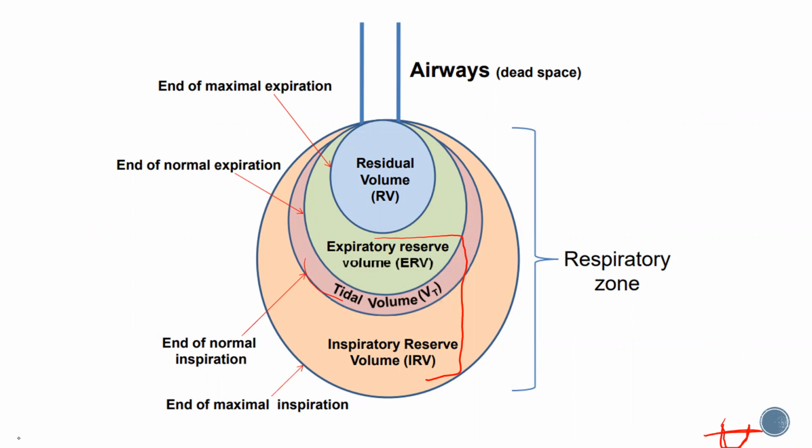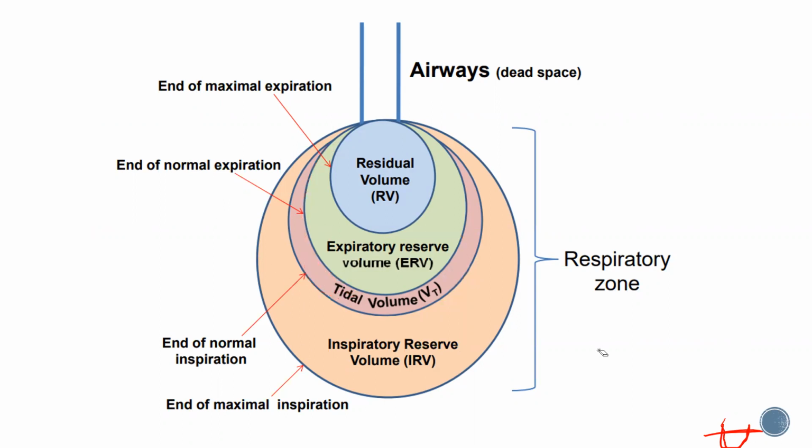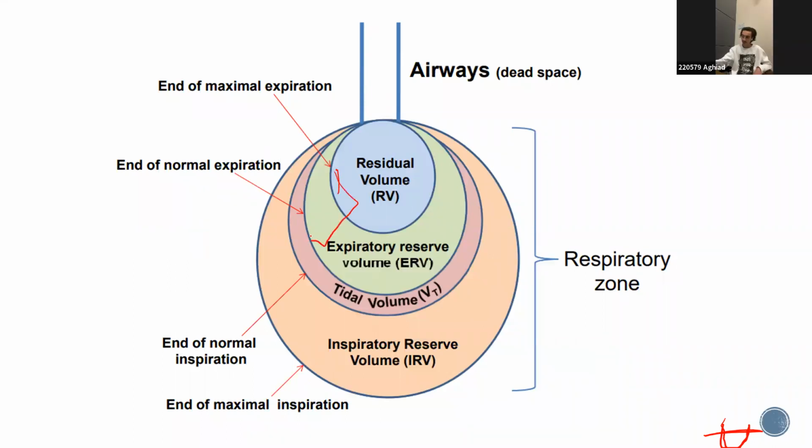The arrow? No, it doesn't say that for the expiratory reserve volume. It says that for the tidal volume. As you can see here, that's expiratory reserve volume. And then this is the end of the normal expiration.